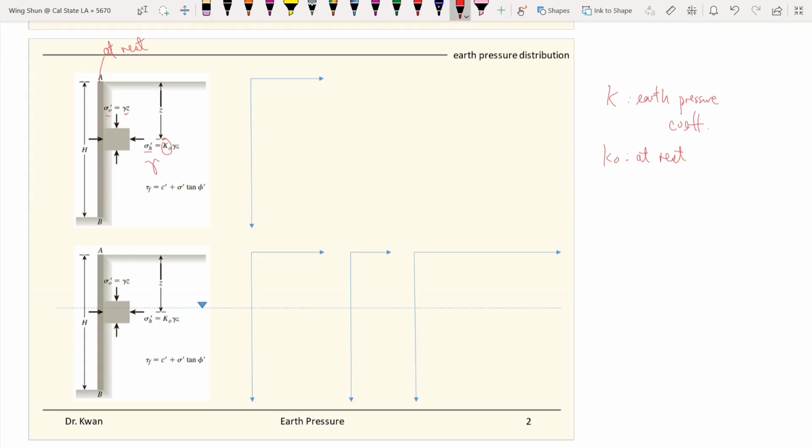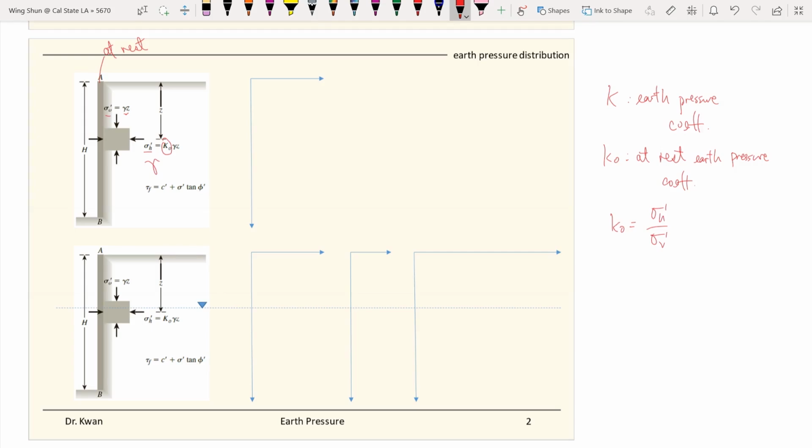So this K naught is the at-rest earth pressure coefficient, and it equals the horizontal stress divided by the vertical stress. The horizontal effective stress divided by the vertical effective stress.